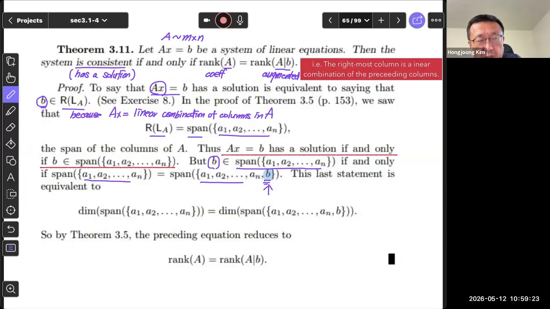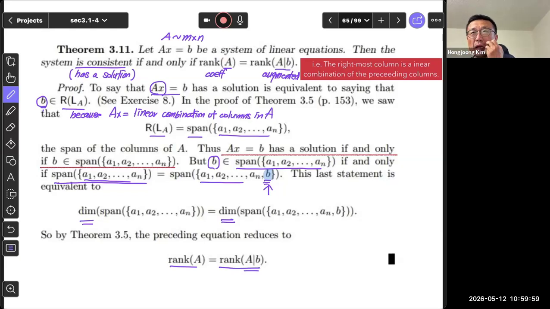And that means the span of these will generate one space, and that space will be the same as the space generated by the n columns in A and B vector. So if these two spaces are the same, then their dimensions will be the same, and another name for the dimension of those spaces is the rank. So the rank of A will be the same as the rank of this augmented matrix.